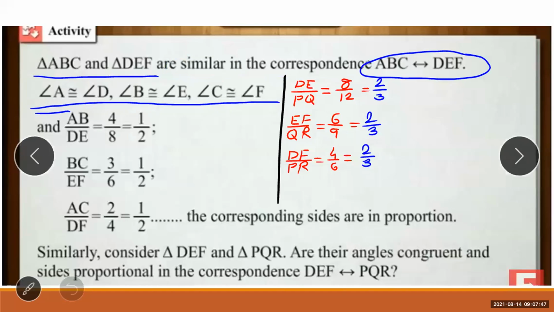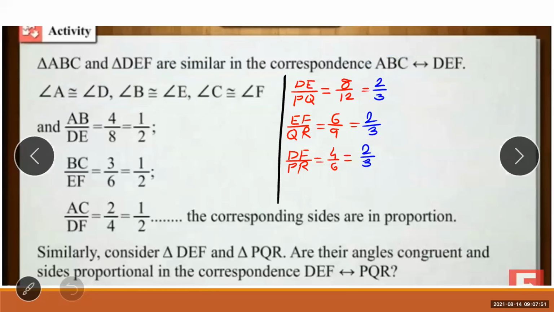So here in triangle ABC and triangle DEF, angle A is congruent with angle D. First angle with first angle.